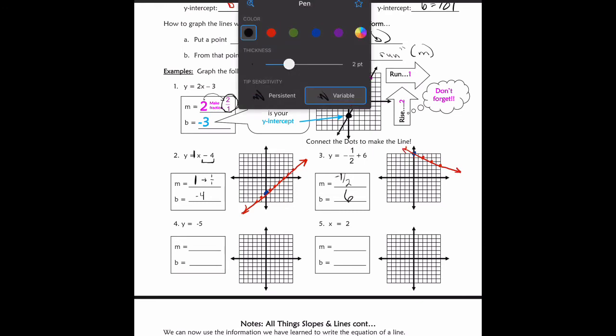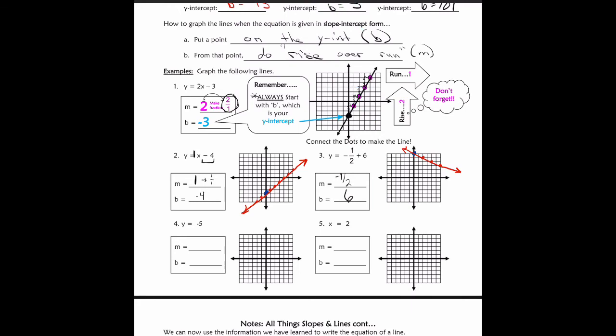All right, the last 2 problems here deal with my horizontal and vertical lines. Anytime I see y equals a number, I want you to think "hoi."